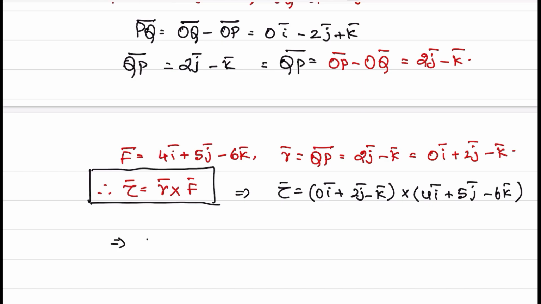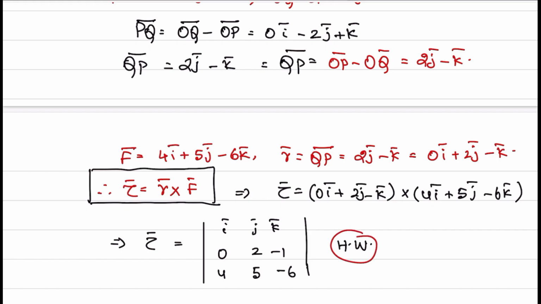That implies tau bar is equal to the determinant with i, j, k. What is P1? P1 is 0. Never change the order. P2 is 2. P3 is minus 1. And Q1 is 4, Q2 is 5, and it is minus 6. Find the determinant and you get the answer. This is your homework.